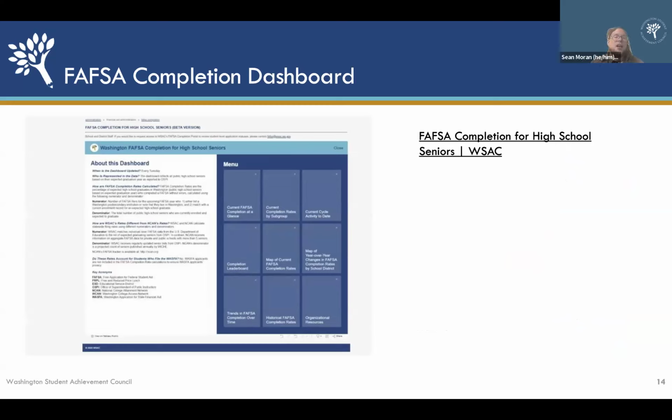This is updated on a weekly basis on Tuesday, and the information is based on that Monday's statistics report. And one of the things is some schools may not see their data. If a school does not have at least 20 students in their senior class, they will not see it because the data is suppressed for student privacy.